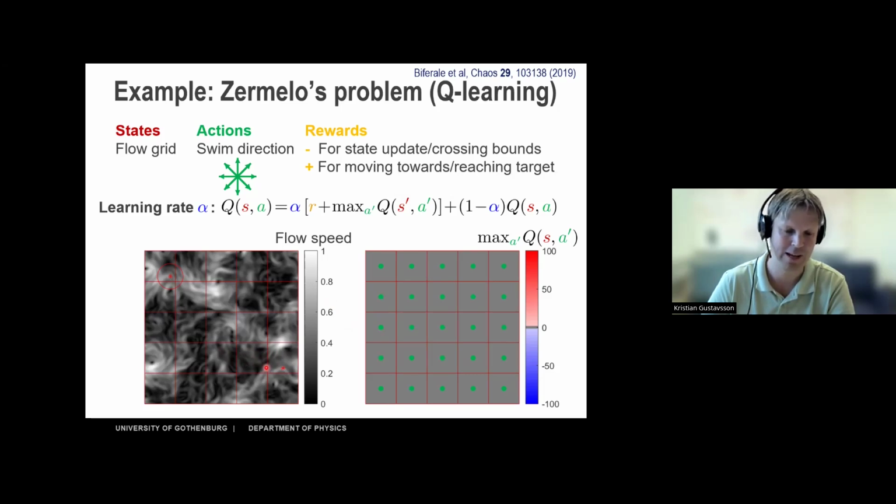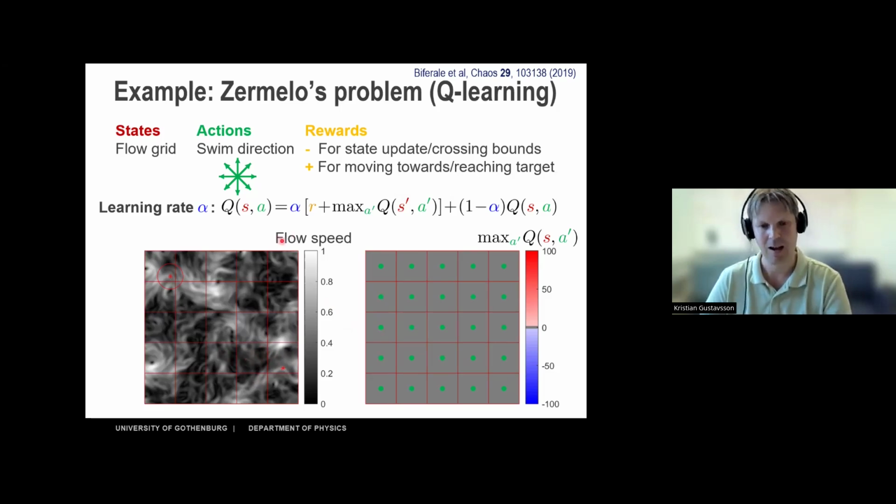But maybe if we start here and move to the left, maybe we go down, follow the flow and move into this cell instead. So the outcome of taking an action here is not deterministic, it's rather stochastic. So we can go to different regions depending on where we are in the flow when we enter the different states.